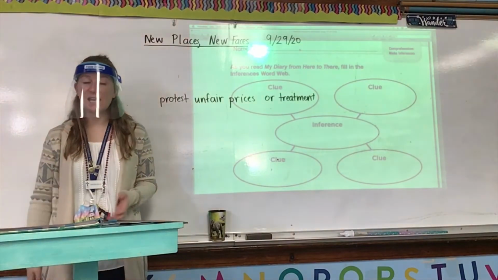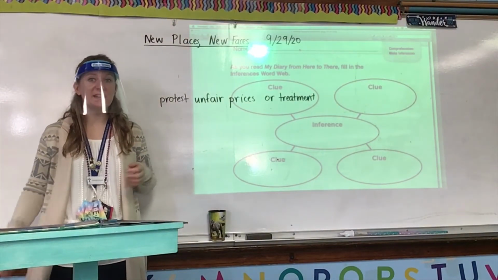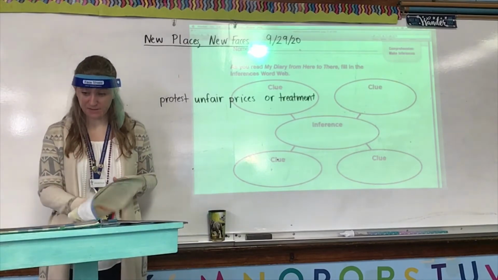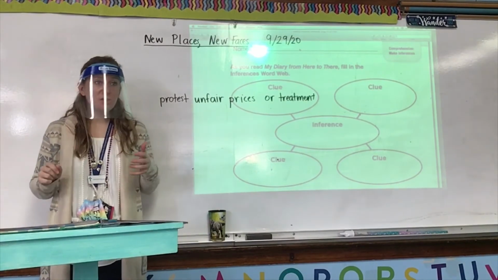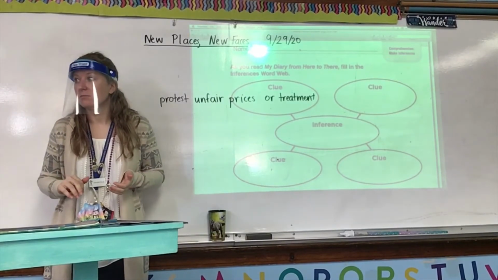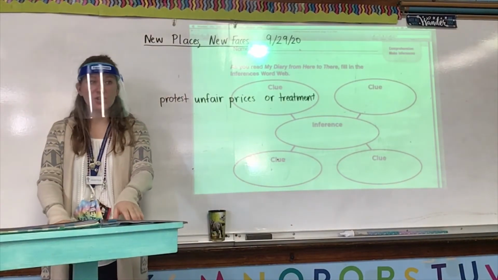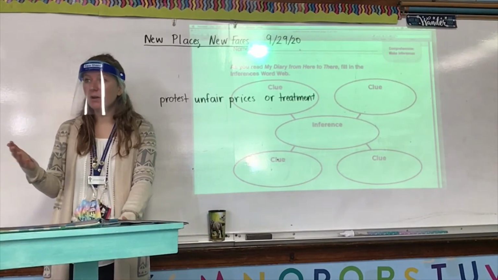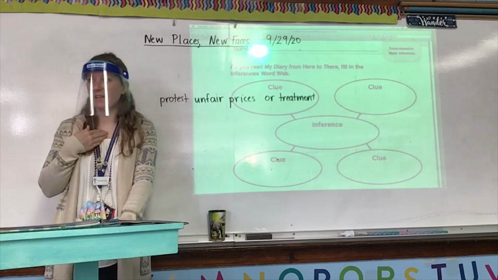Okay, so like I said, in this chapter, the skill we're really going to be working on is making inferences. So what we're doing is we're making educated guesses based on what we read. Now our answers are going to come from what we read. They're going to come from what we already know. They might even come from what we think.